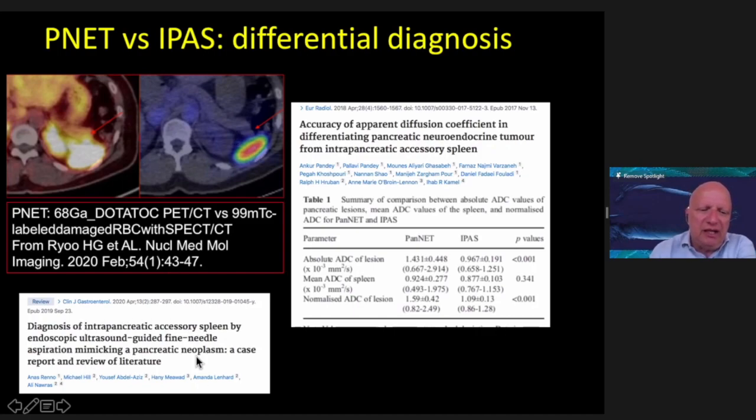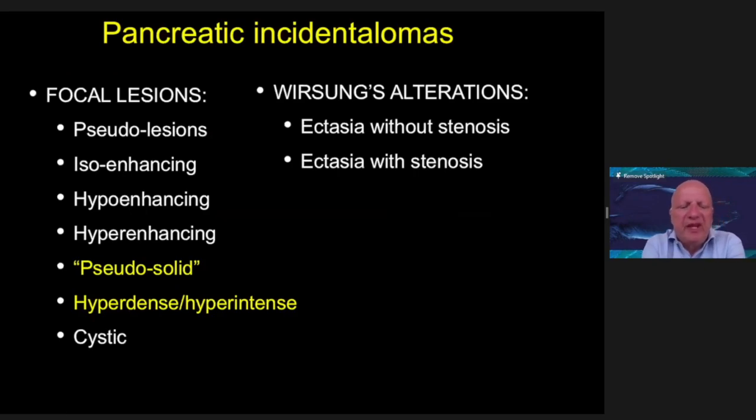Other techniques are fine needle aspiration with endoscopic ultrasound. But nowadays, also with the MRI, we can try to differentiate. And in many papers, in reality, the ADC map of PNET has a higher signal, higher values than intrapancreatic accessory spleen. So when the lesion has a very low ADC, think about an intrapancreatic accessory spleen.